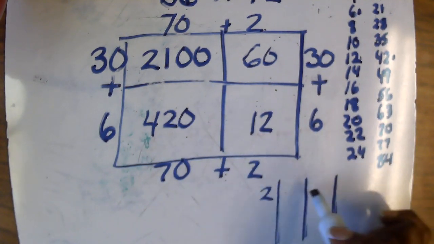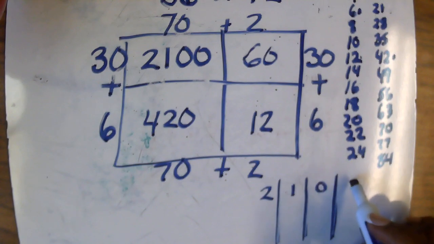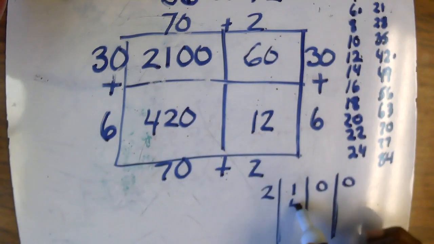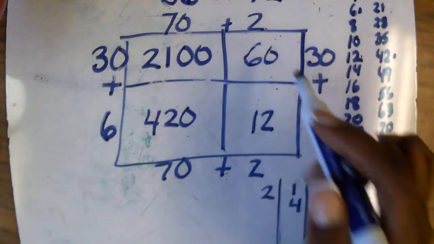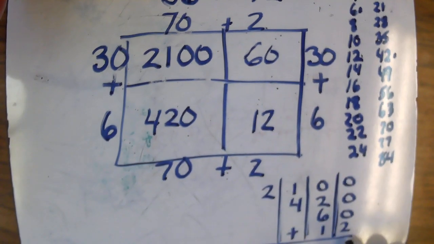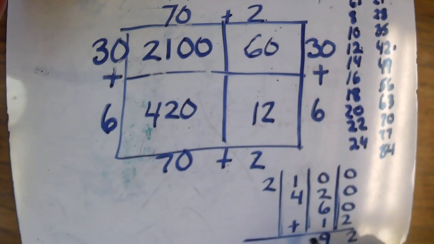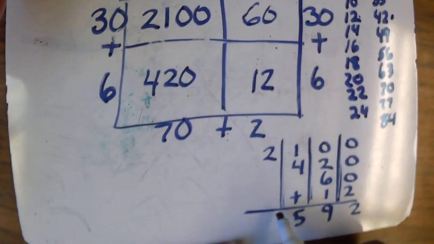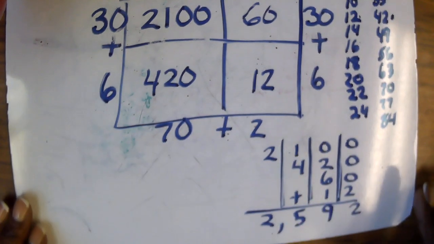So I have 2,100. The next highest number is 420. My next highest number is 60. My next highest number is 12, and we're going to add that. 2, 9, 5, 2. So we have 2,592 is our answer. And this is how you would solve it.